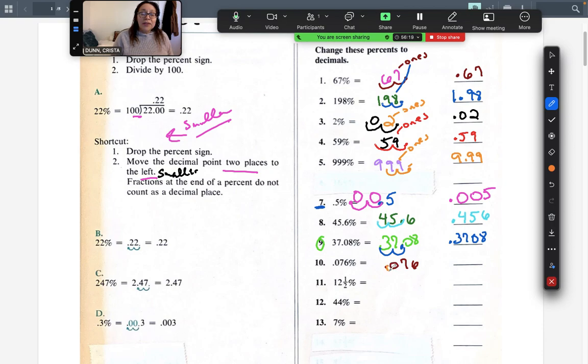If I go this way, am I getting smaller? 776? No. I'm going to go this way. 1, 2. And this is the one most commonly missed. Let's go ahead and talk about these ones really quick.